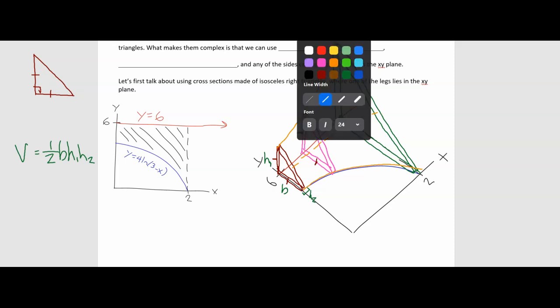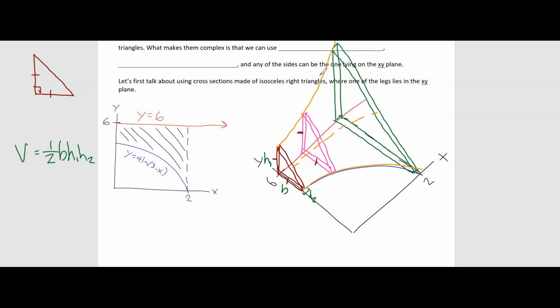Okay, let's sketch one of these on our other graph. We need to figure out what B is here. That's the distance between the red and the blue curve. So let's make some substitutions. We're going to get volume is equal to 1/2 times B, where B is 6 minus 4 times the natural log of quantity 3 minus x.